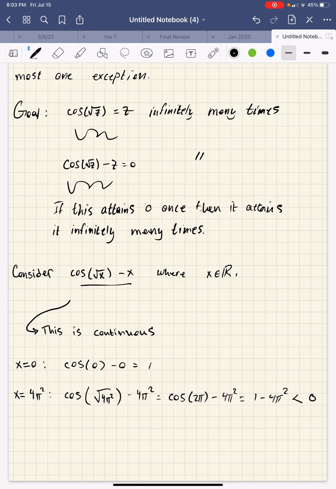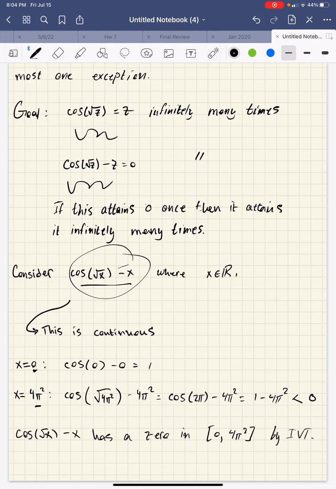So what have we done here? We've shown that in this interval from 0 to 4 pi squared along the real line, the function cosine square root of x minus x must have a 0. So we'll write that here. Cosine root x minus x has a 0 in 0 to 4 pi squared by the intermediate value theorem.